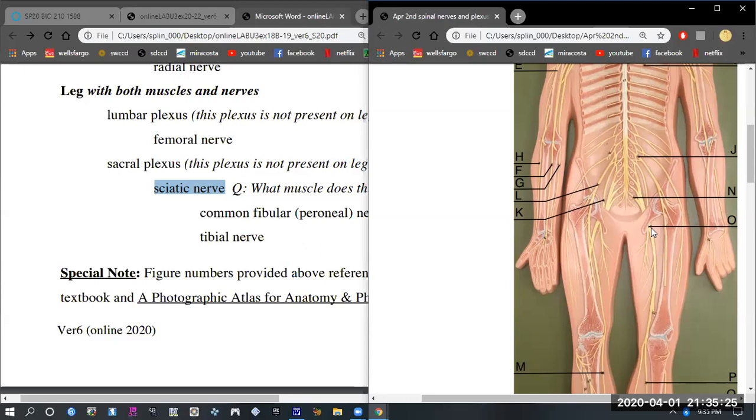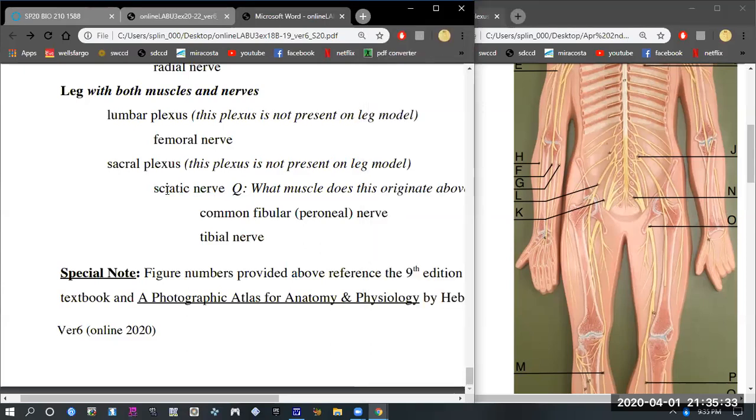So this is a nerve that's running posterior. It's running right through the area of the hamstrings, in fact, the sciatic nerve. And now the sciatic nerve branches to make these two. So there's a common fibular nerve along the fibula on the lateral side, and then the more medial side of the branch is the tibial nerve by the tibia.